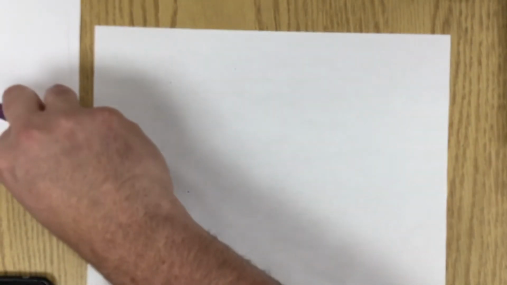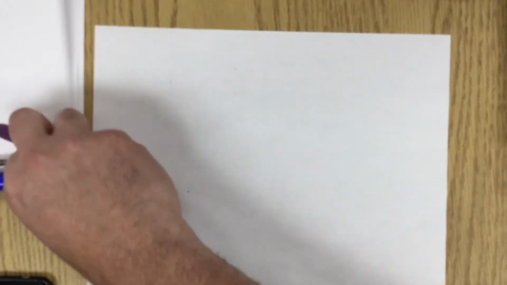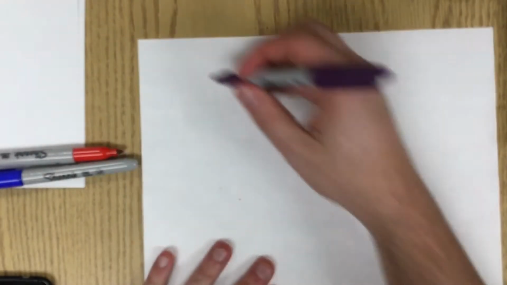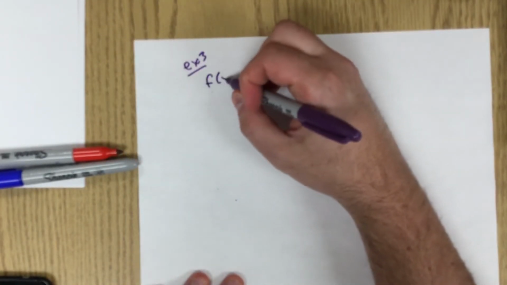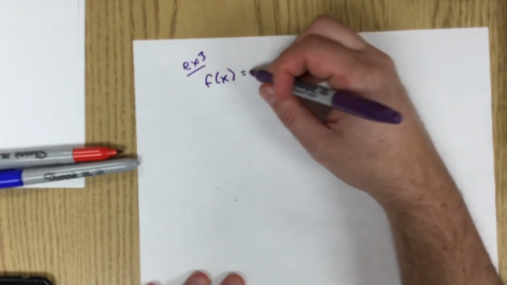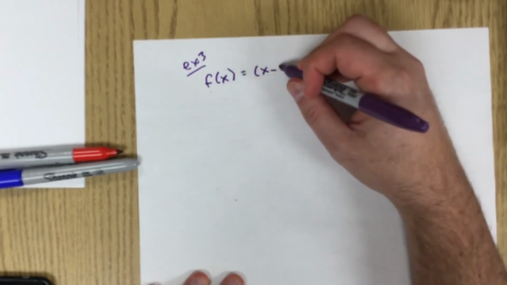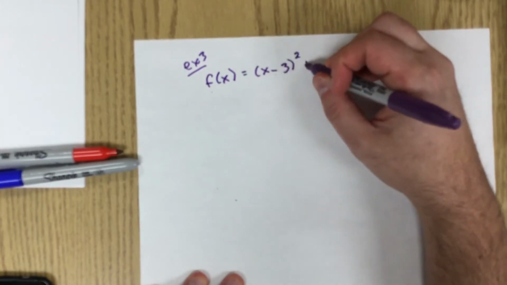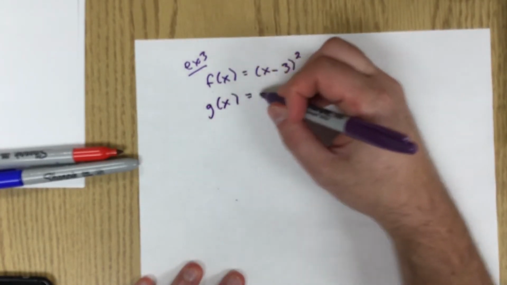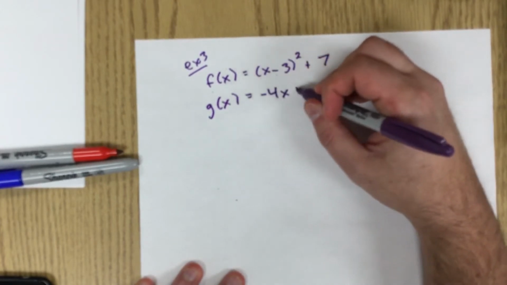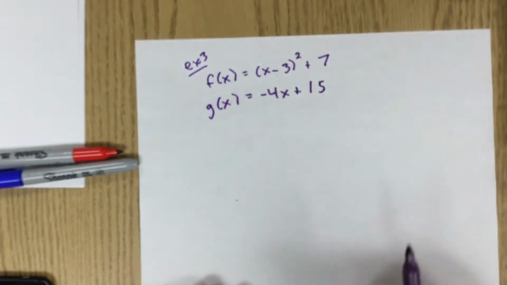Let's go with a more consistent color scheme here. So let's say f of x equals x minus 3 squared plus 7, and g of x equals minus 4x plus 15.